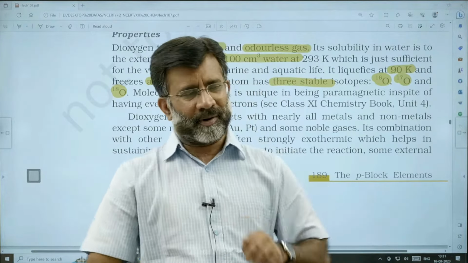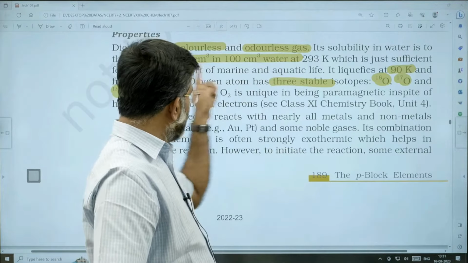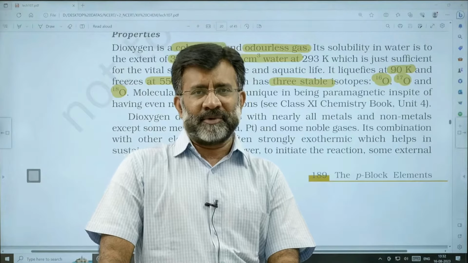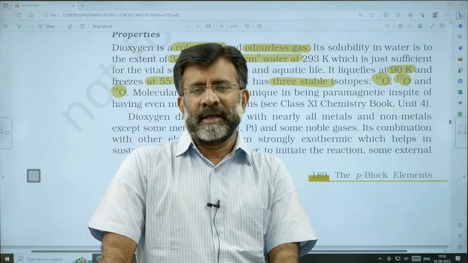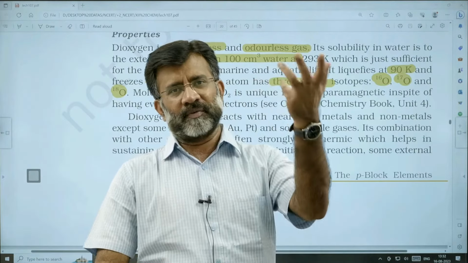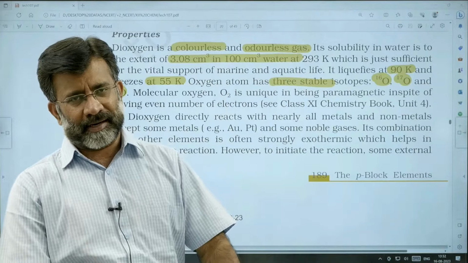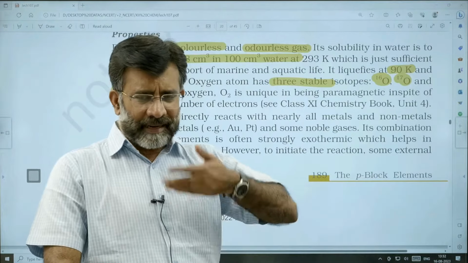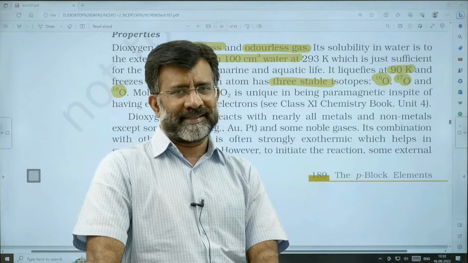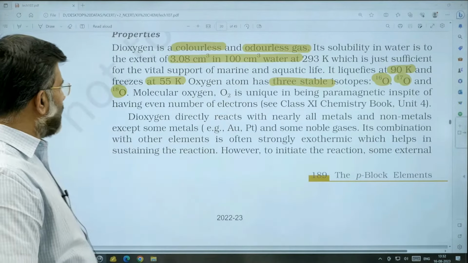Oxygen has 3 important isotopes 16, 17, 18, and hydrogen has 3 important isotopes: protium, deuterium, tritium. Even though the availability may be different, it can be a hypothetical question. How many water molecules may be derived considering all isotopes? That kind of question can also be read in between the lines of the NCERT content.